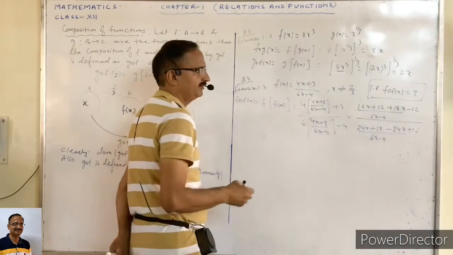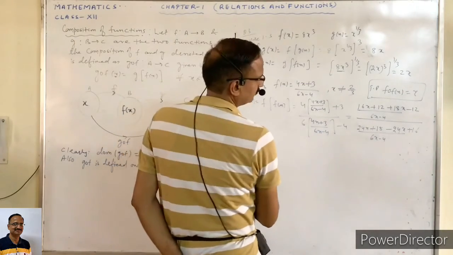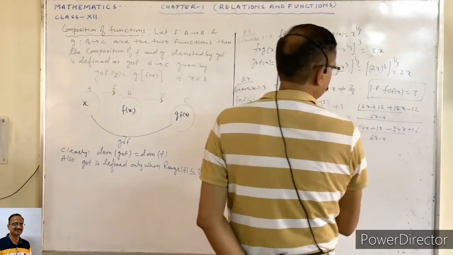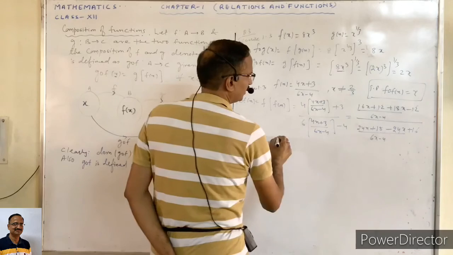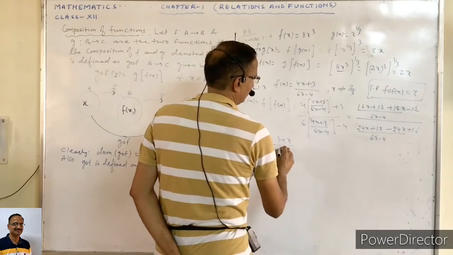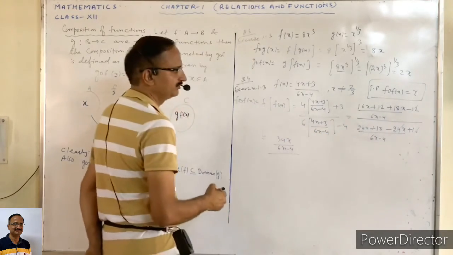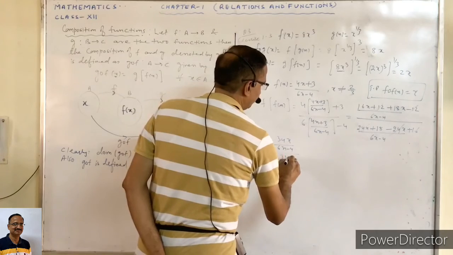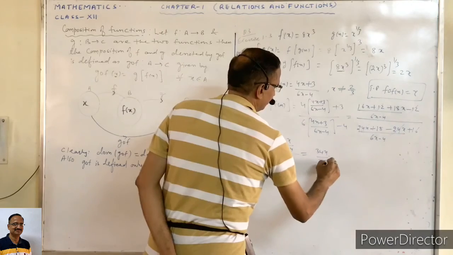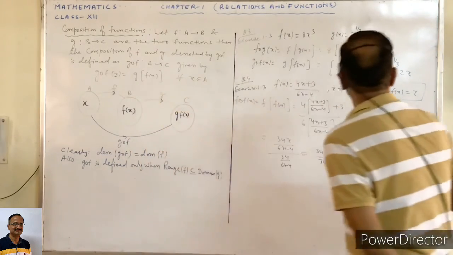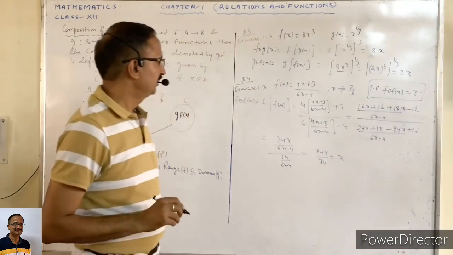Now after further simplification, the 12 and 12 cancel out, so in the numerator we get 34x upon 6x minus 4. In the denominator the 24x cancels out, and this is also 34 upon 6x minus 4. So we get 34x upon 34 and the answer is x. It means it is proved. So f of f of x is x.